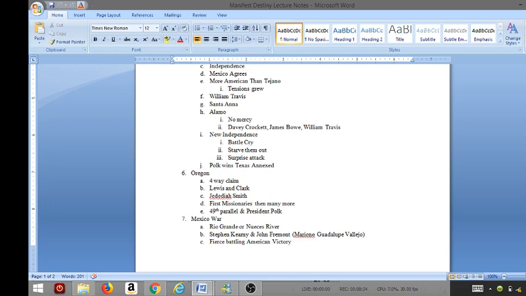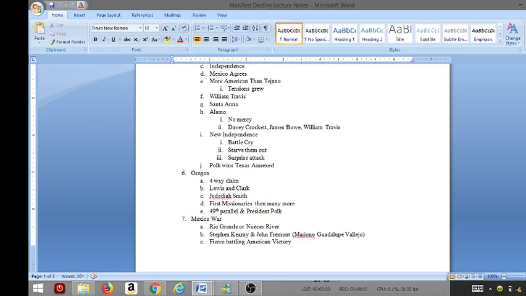And so, their overwhelming force eventually overwhelmed the Americans. However, it took them a couple of days. Some of the people who were among these Americans were Davy Crockett, James Bowie, and William Travis, who I mentioned earlier. And so, once again, Santa Anna declared no mercy, so everybody that was at the Alamo was shot down.